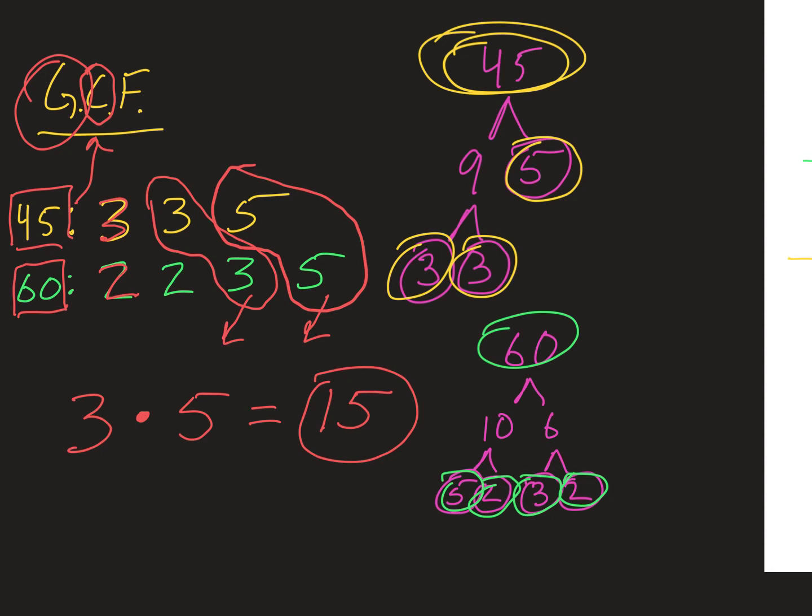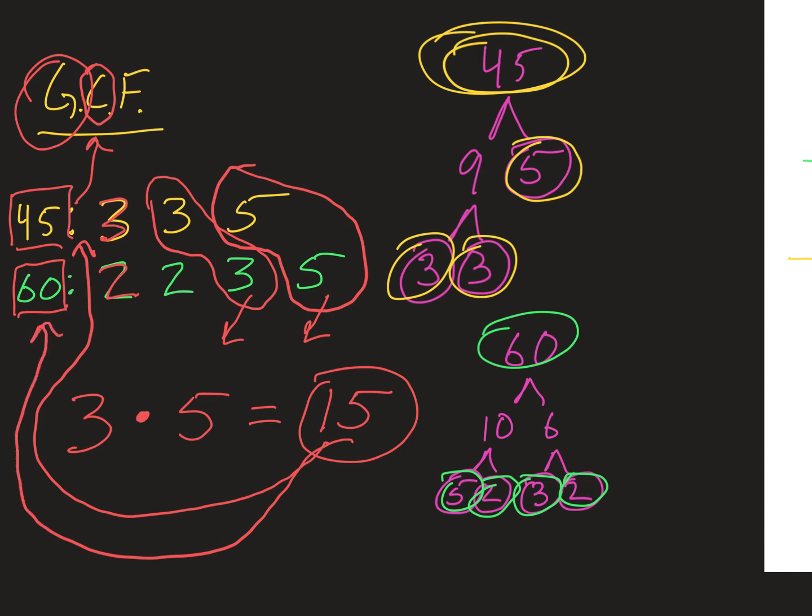Okay, so basically that's the largest number that you can multiply something else to get to 45 and use that same number to get 60. It's the largest or the greatest number you can do that with. Okay, so that's how you do it. If you need to rewatch to remember all of those steps, go ahead.